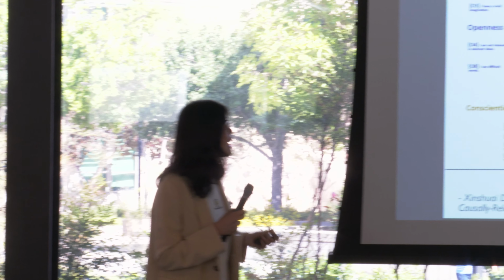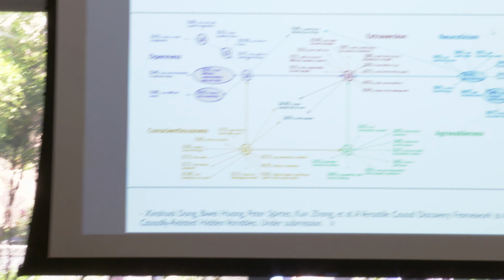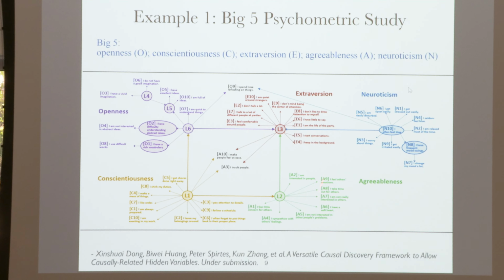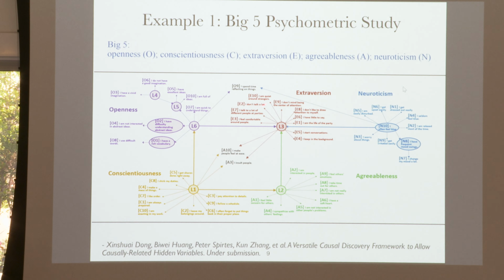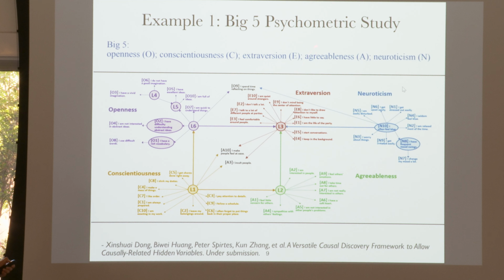So this is the learned causal structure. Here, OCEAN are the measured 50 variables, 50 questions. And you can see an A represents the latent variables that we recover from the measured data. Here we have very interesting findings.